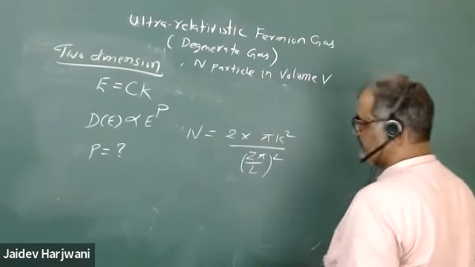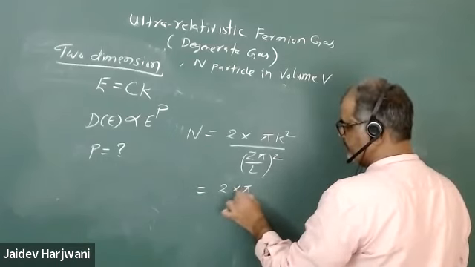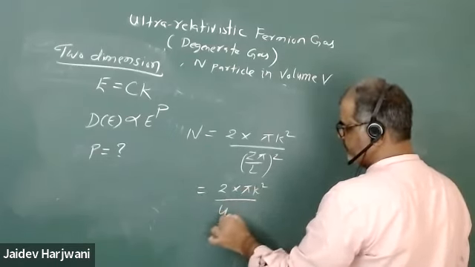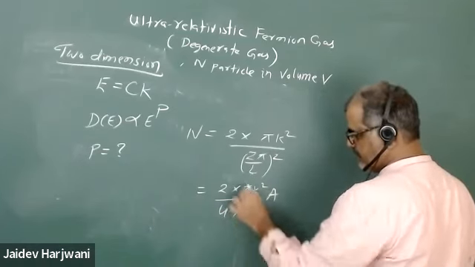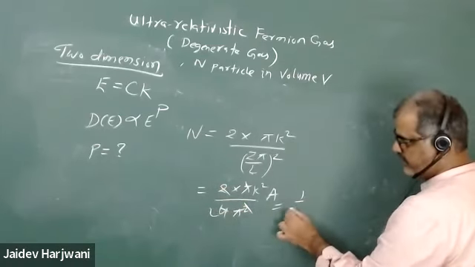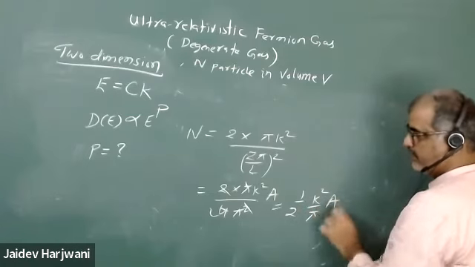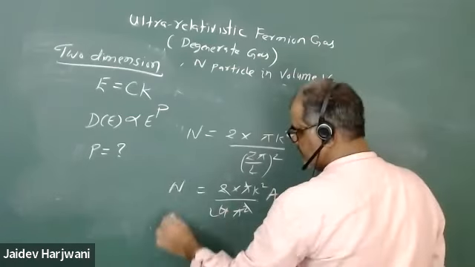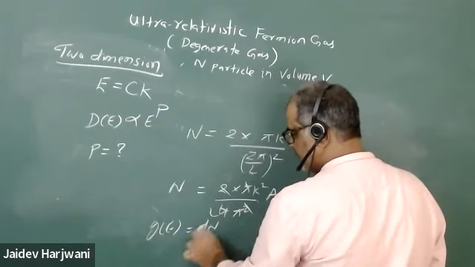So this will become 2 pi k square over 4 pi square. L will become a, pi cancel, 2 cancel. So I have 1 upon 2 pi a times k square. This is n. Now I want g. G is nothing but dn by dE.